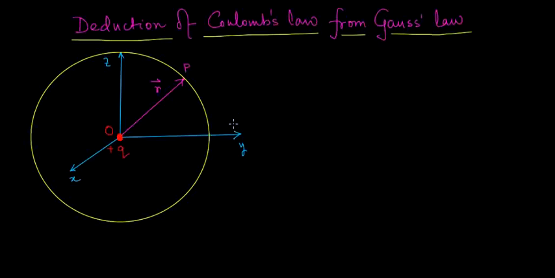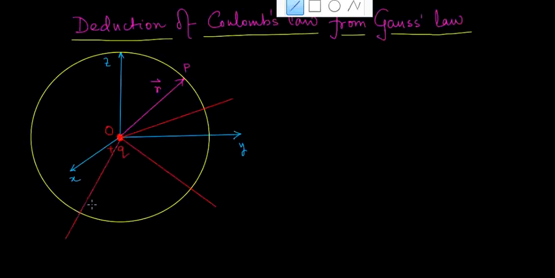Now, as far as the symmetry is concerned, which I already discussed in the last class, the field at each point on the surface will be same in magnitude and the direction will be radially outward. So how will the field look like? Field will be radially outward, along this. So this is the direction of the field, this is the direction of the field, this is the direction of the field, this is the direction of the field. It is by symmetry, right?